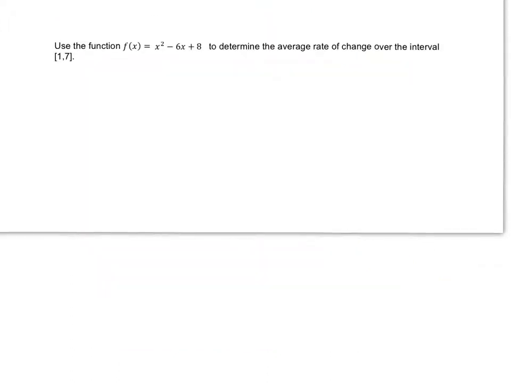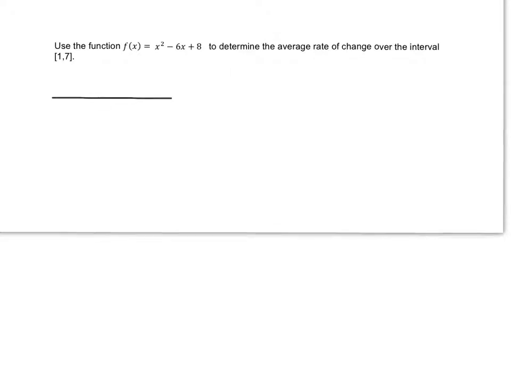All right, now let's look at when we don't have the graph of a function, but we actually have the function in a formula or equation form, and we want to determine the average rate of change over the interval. This time the interval is 1 to 7. I want to write down how we find it when we have the function in this notation.